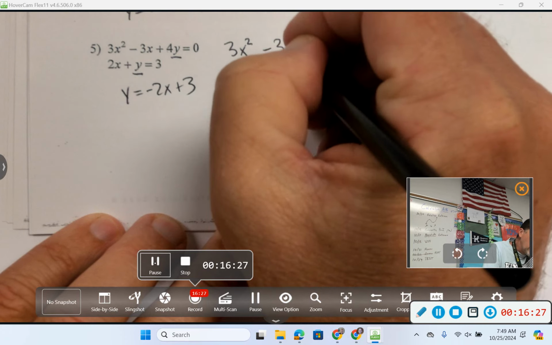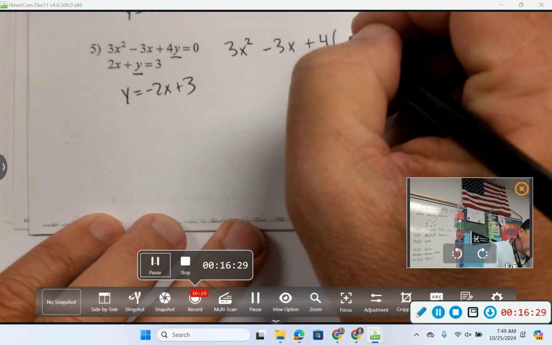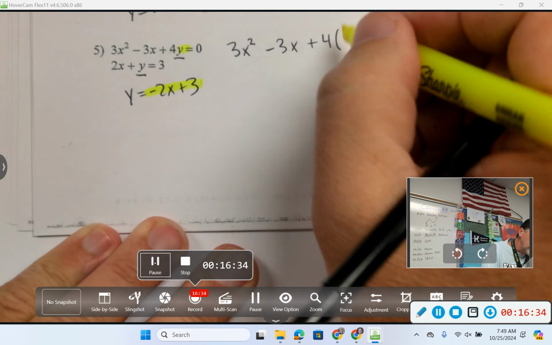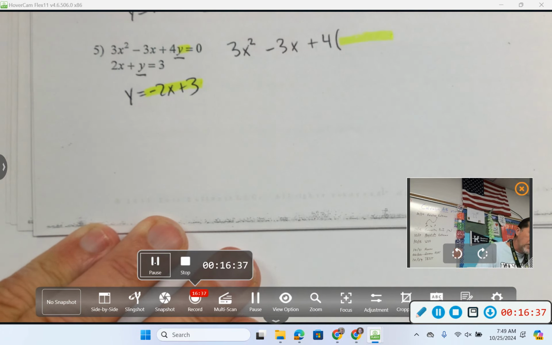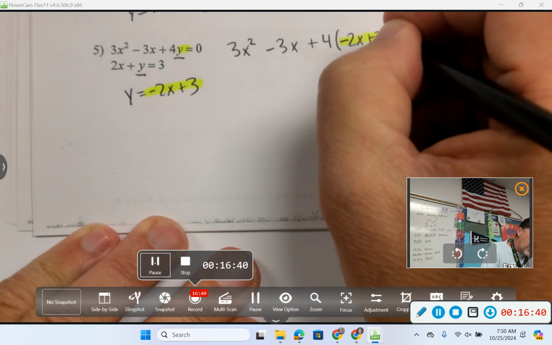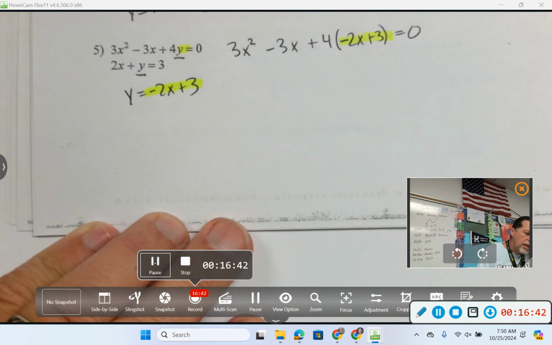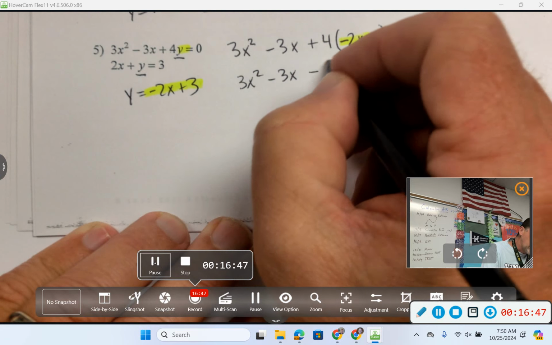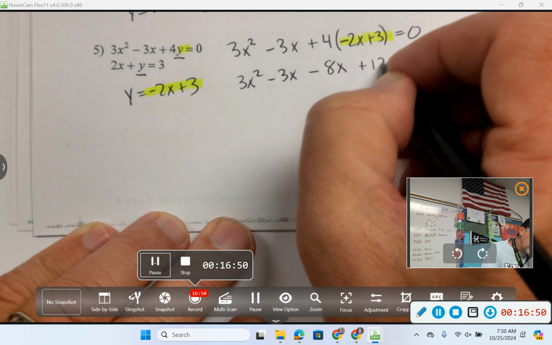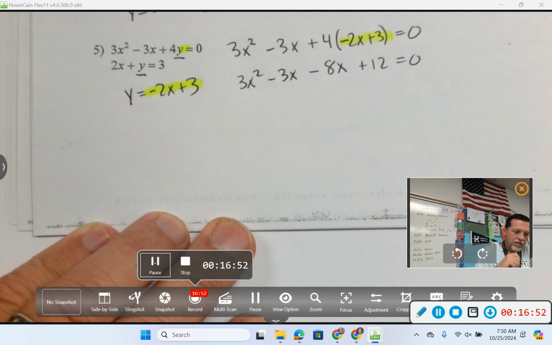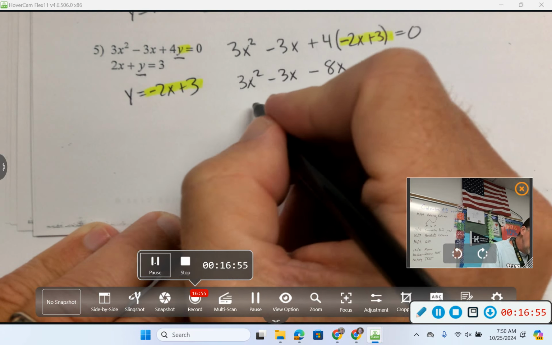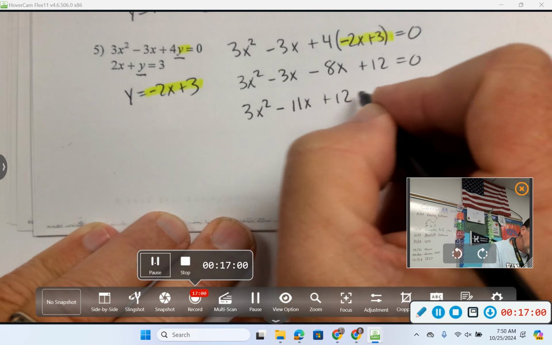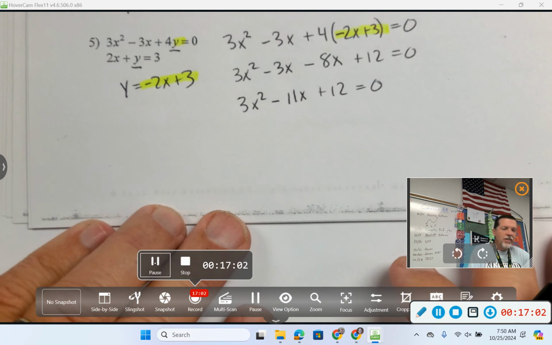3x squared minus 3x plus 4 times. Okay, here comes my substitution. In for y goes negative 2x plus 3. So 3x squared minus 3x minus 8x plus 12 equals 0. So 3x squared minus 11x plus 12 equals 0.